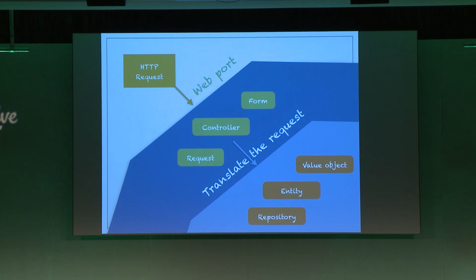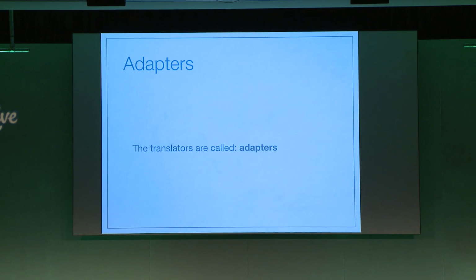Zooming in a bit on the web port, you could say that there is an HTTP request coming in, and then several objects within the application are used to translate the request to something that can be used by the core itself. So basically, from within the controller, the request is being analyzed, and a form can be used to translate the request message, the original one, to something that the core can understand. And this translation, that is called adapters.